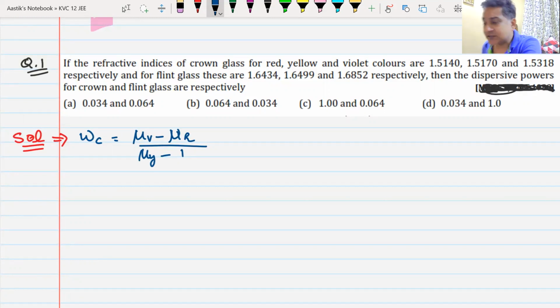It's just about calculation. Now remember, I understand, and even the person who has made this question understands that the values that are given are very typical. It will take some time for you to calculate them.